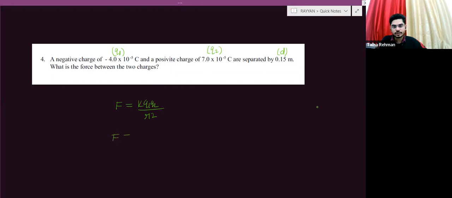K is 9 into 10 to the power 9, Q1 is 4 into 10 to the power minus 5, and Q2 is 7 into 10 to the power minus 5, divided by 0.15 squared. So the distance is 0.15. I can write this as 15 into 10 to the power minus 2.